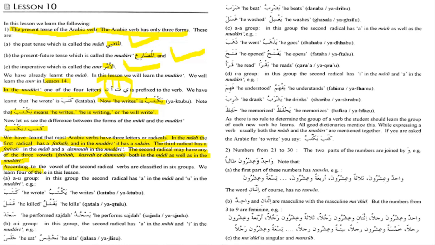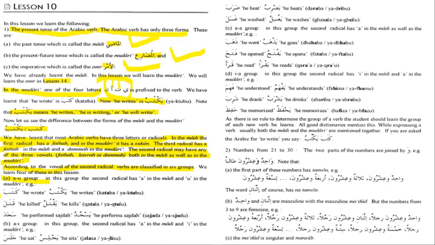According to the vowel of the second radical, verbs are classified into 6 groups. We'll learn 4 of these groups in this lesson. I think we already learned the 6. Number 1 is the fatha to dhamma group, fa'ala yaf'ulu.